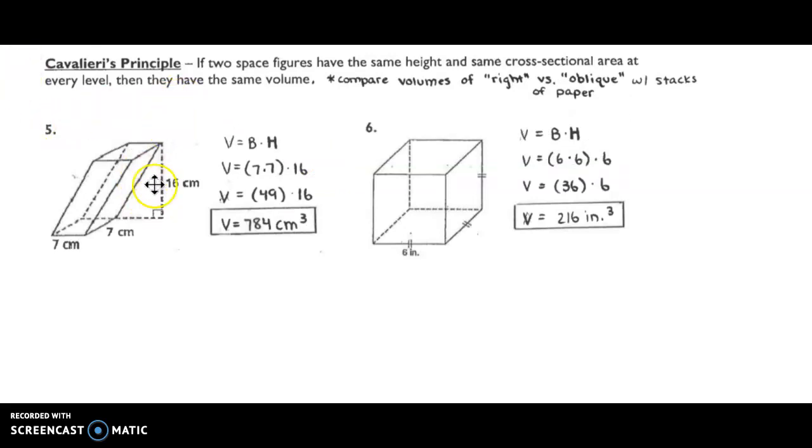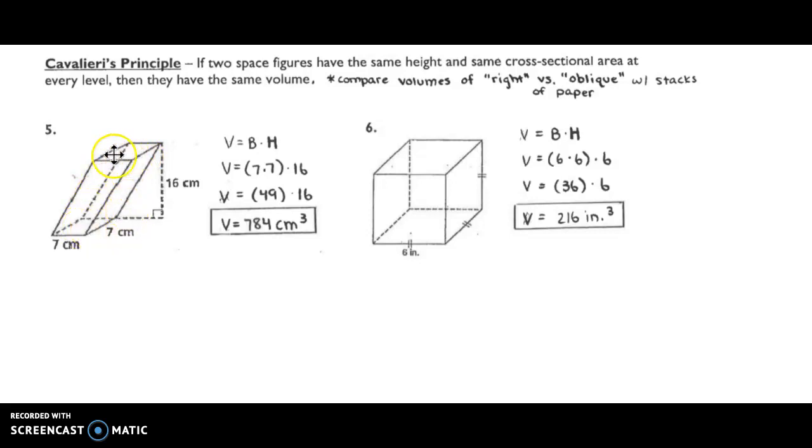Cavalieri's principle. So look at number 5. Read the principle first. What that means is if you imagine a stack of paper that's completely vertical, but then let's say you take that stack of paper and push it so that it's leaning.